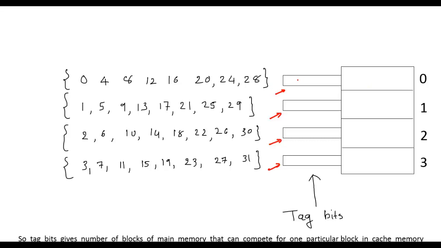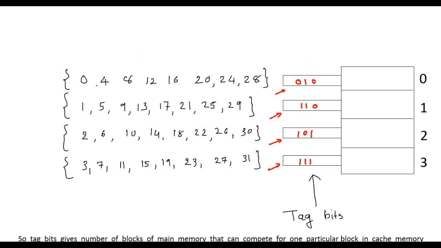Assume that these registers contain the values 010, 110, 101 and 111. All right. So now we can understand which main memory block is stored in the zeroth cache memory block by this tag bit.